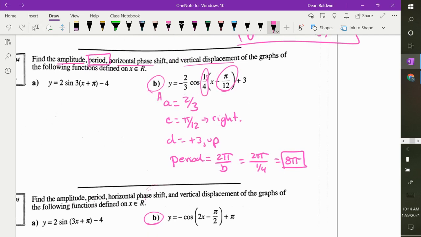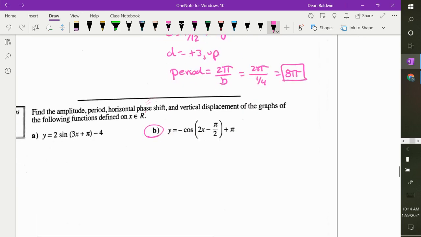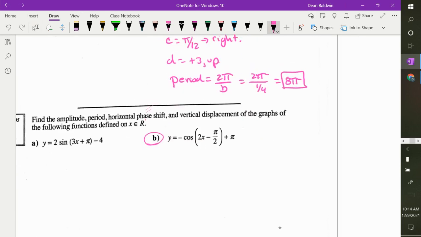That should say amplitude. Yeah, it's amplitude. Sorry. All right. Factor a 2 out. So actually it's negative cos 2 bracket x minus pi over 4. Can you put the 2 on the other side? No, it has to be inside the cos because it's a B value. If you put it outside of it, it will not be a B value.